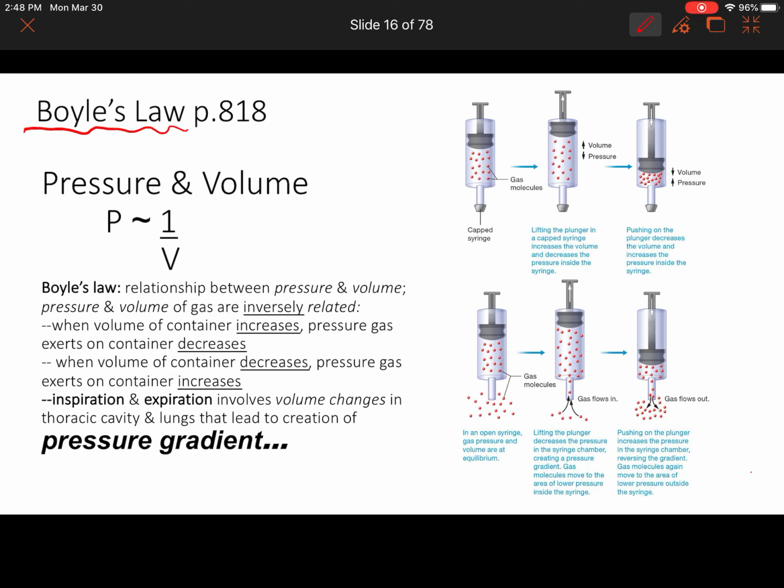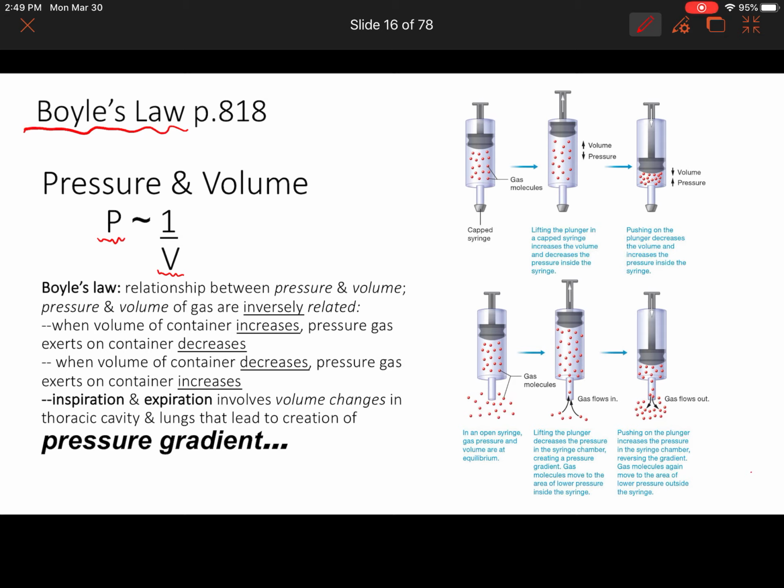Boyle's law simply states that when the volume of a container of gas is larger, the pressure in that container is reduced. Also, if the volume of a container of gas is small, the pressure within that container then increases or goes up.